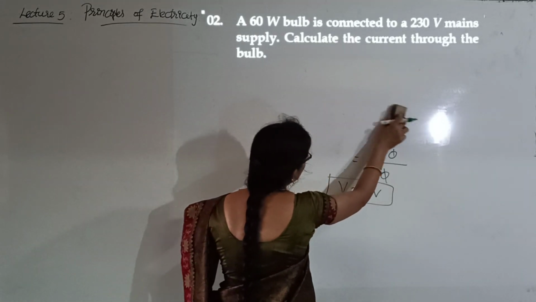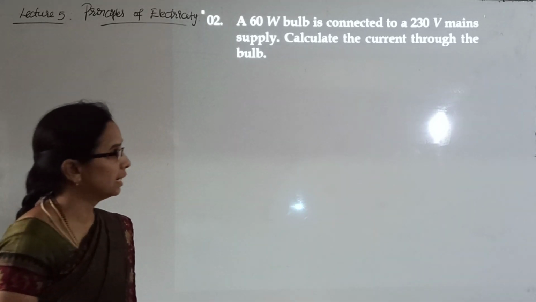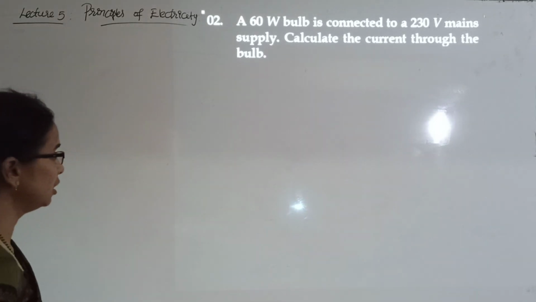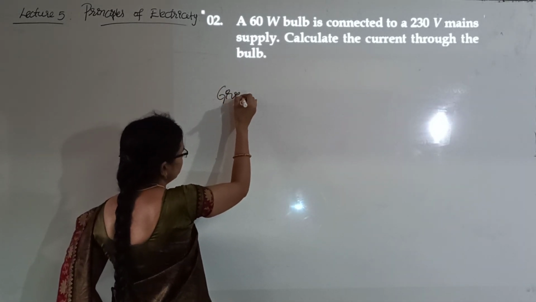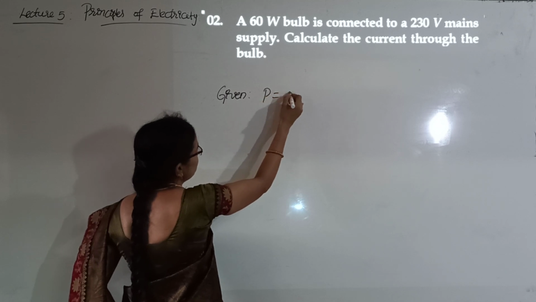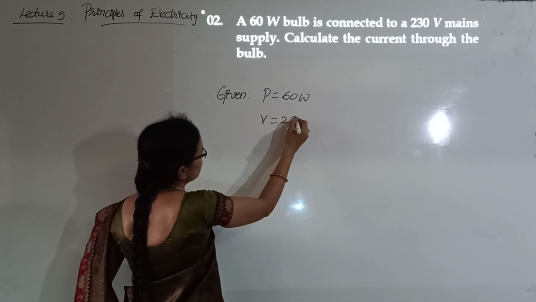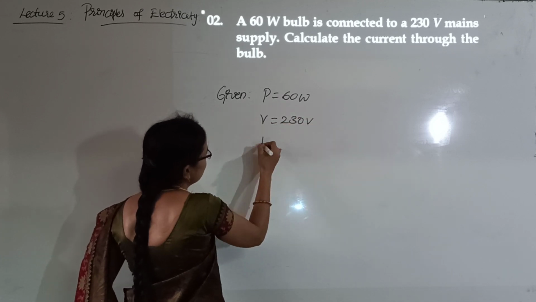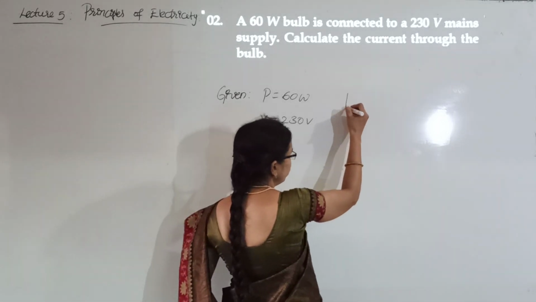A 60 watt bulb is connected to a 230 volt main supply. Calculate the current through the bulb. What all is given? Power is given, 60 watt, and voltage is given, that is 230 volt. Calculate current through it. So there is a direct formula.